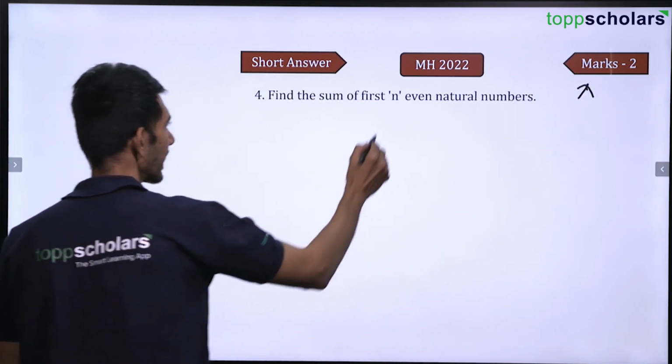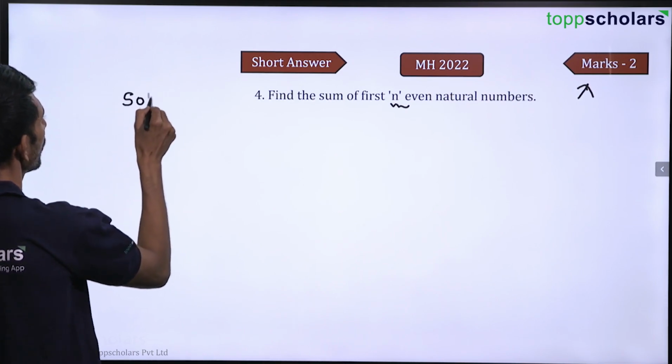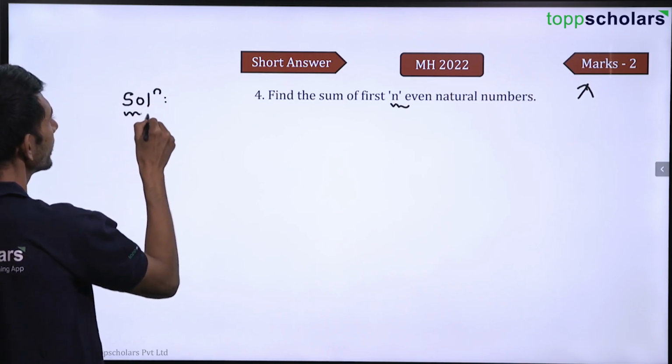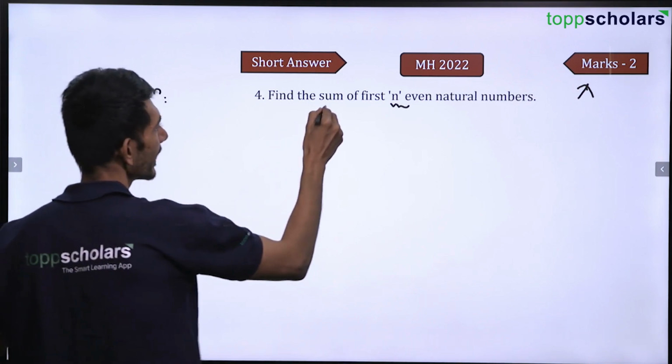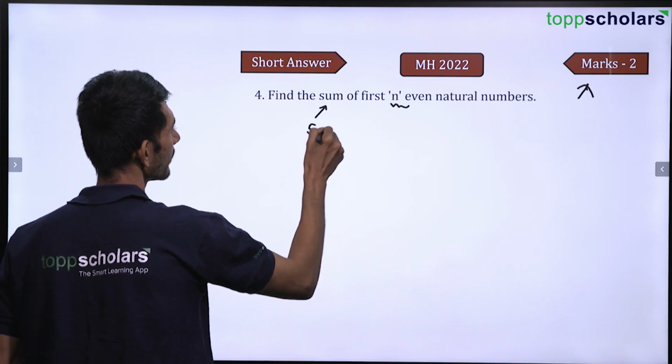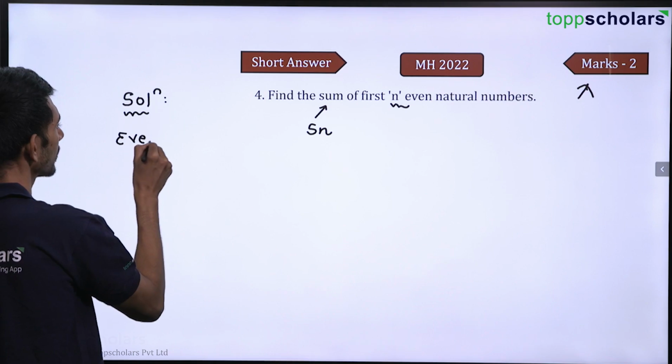Find the sum of first n even natural numbers. Now, firstly, we need to understand we are supposed to find out the sum. So, can I say we are supposed to find out Sn here? Even natural numbers.